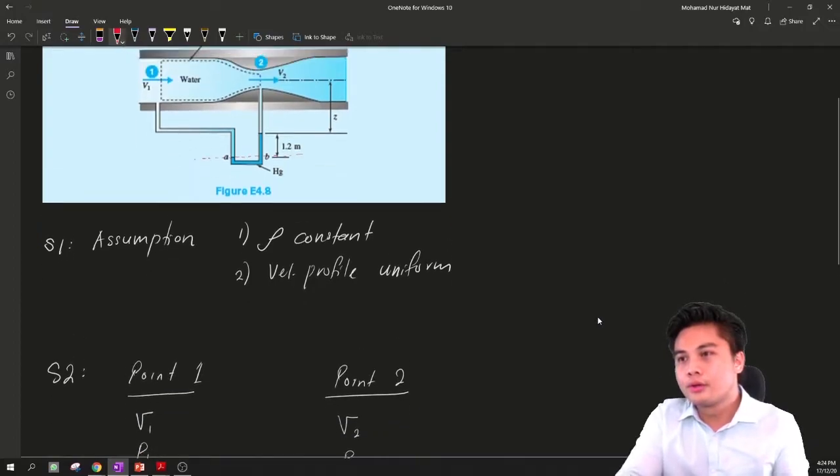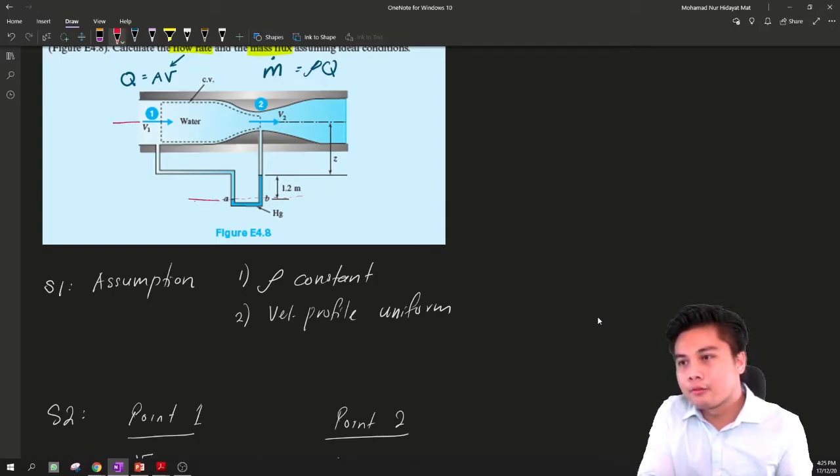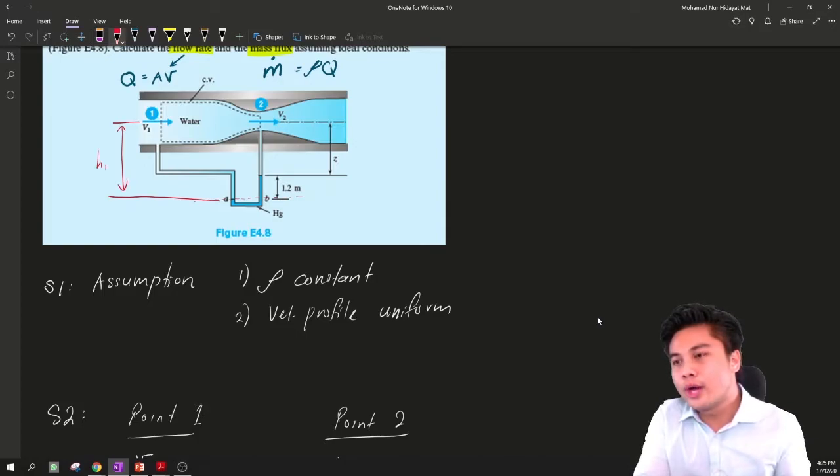So in order to get the pressure at A, we need to know this height. For example, this is H1. H1 refers to 1.2 plus Z. So 1.2 plus Z equal to H1.